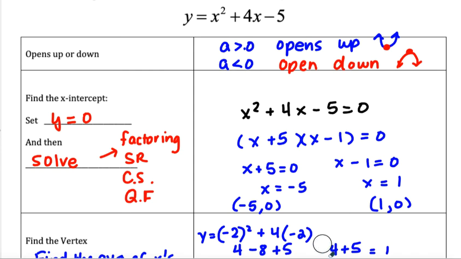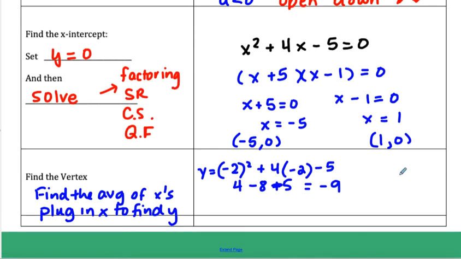I knew that didn't sound right. So -4 minus 5 gives me -9. My vertex would be (-2, -9). So I'll fix that, okay?